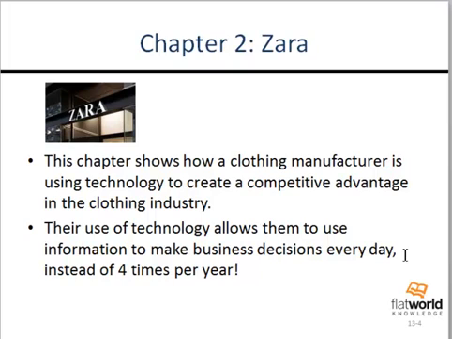A very key point here is that Zara is collecting information in lots of different ways on a continual basis that allows them to make business decisions, basically decisions about what clothes to produce, how many to produce, where to send them. And they make these decisions on a daily basis, constantly, kind of real time manufacturing, if you will, as opposed to an older model where a company like the Gap might have just decided to make a particular set of clothes 4 times a year on a seasonal basis.